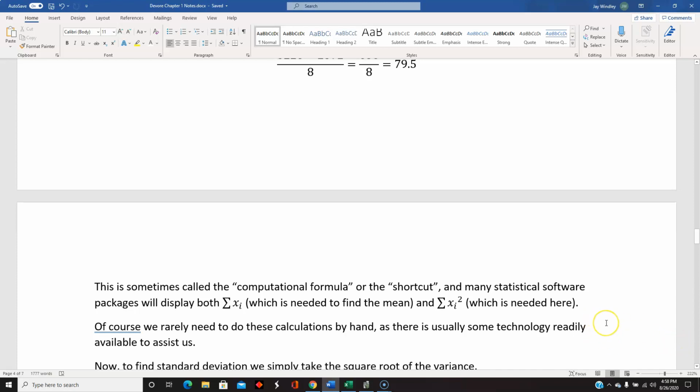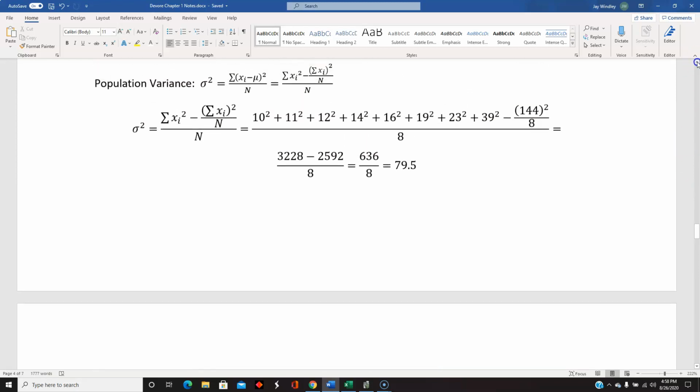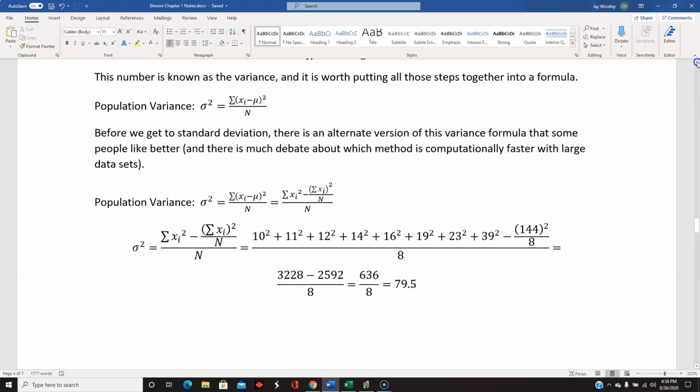Most statistical software will display both the sum of the x's and the sum of the x squareds. I wanted to go back up here and show you real quick on the calculator.